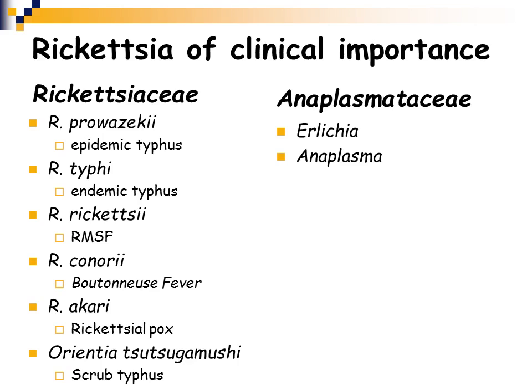Rickettsia conorii, which causes Boutonneuse fever. Rickettsia akari, which causes rickettsialpox, and Orientia tsutsugamushi, which causes scrub typhus. Orientia used to actually be Rickettsia, but due to genetics and sequencing, some of these organisms, as you know, have changed names. So the organism that was Rickettsia is now Orientia.